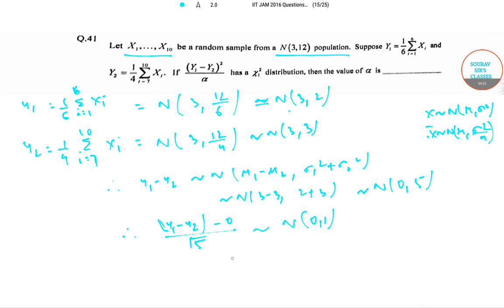Now squaring both sides, we get (y1 minus y2) squared by 5 to follow chi squared with 1 degree of freedom, since xi squared follows chi squared with 1 degree of freedom where xi follows normal 0, 1. So from here we get the value of alpha to be equal to 5.